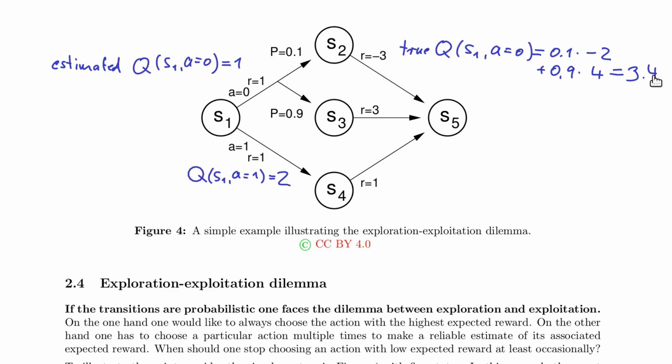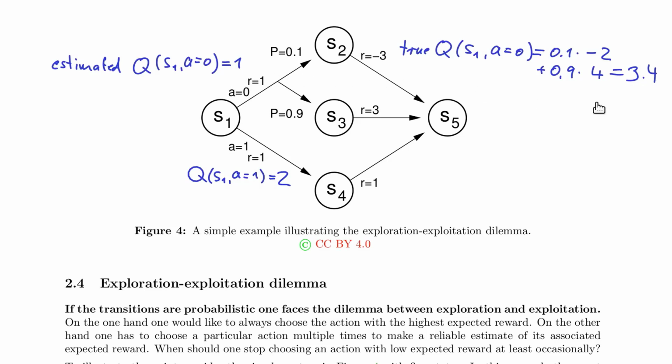So here we see that by just averaging over the two trials that we had, we get a too low value by chance. And if we would now decide to always choose A equals 1, because there we get reliably a value of 2, which is greater than this 1, then we would just have not done the right thing, right?